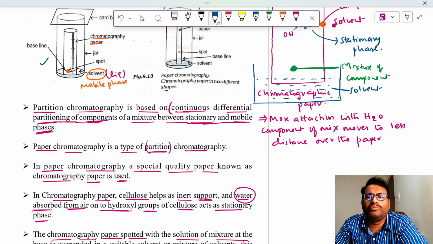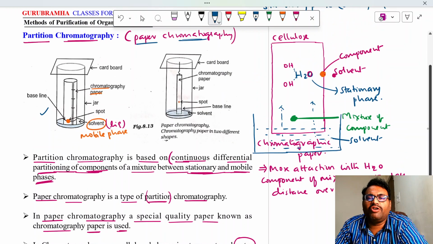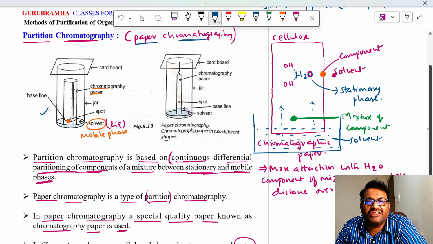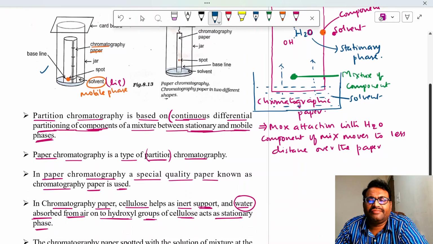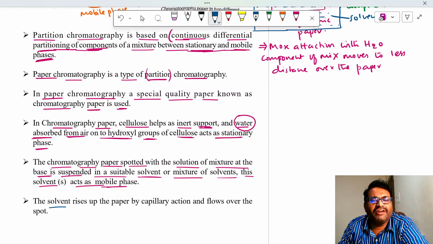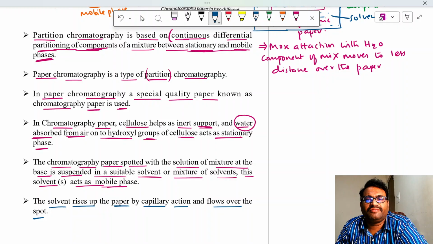The solvent will move over this paper. Moving over paper is nothing but moving over water. Water is the stationary phase here, paper is not the stationary phase. The solvent rises up the paper by capillary action and flows over the spot. As it flows over the spot, it carries the components.